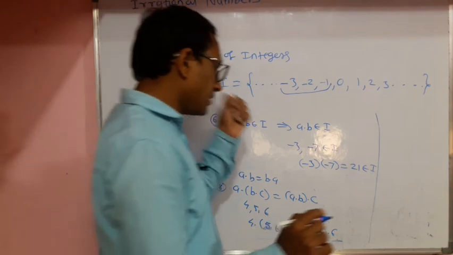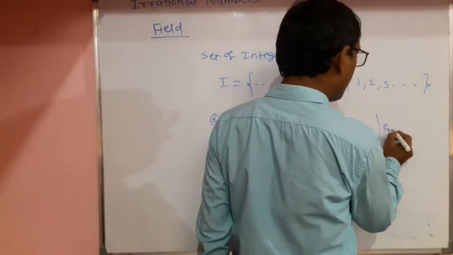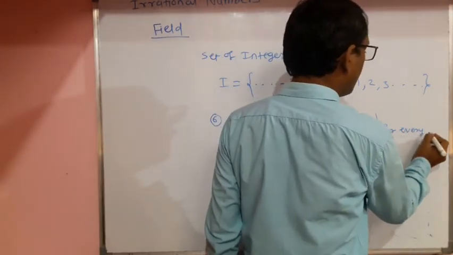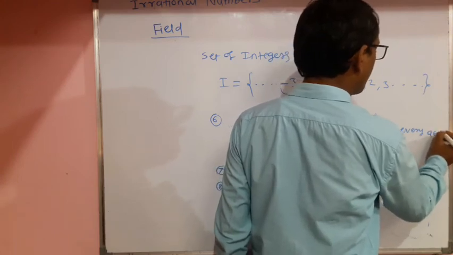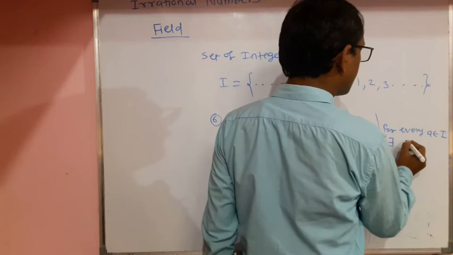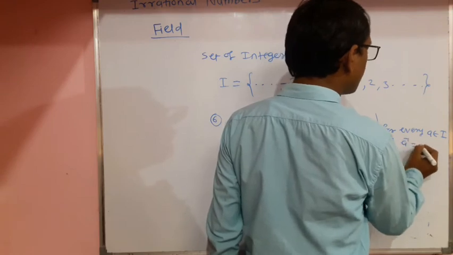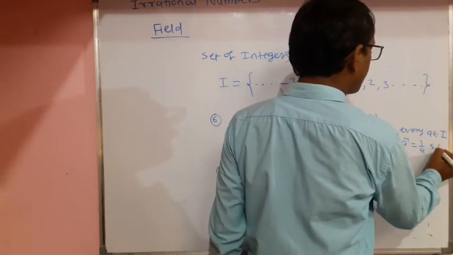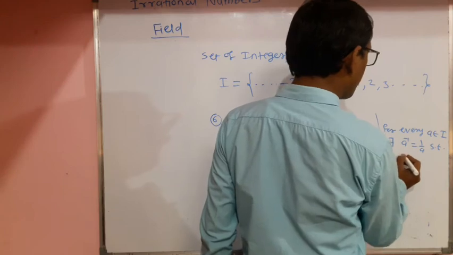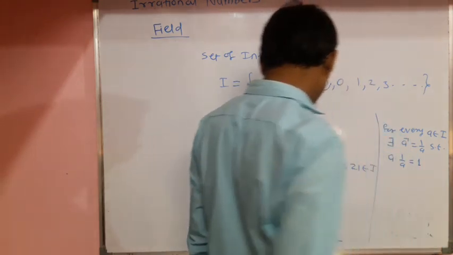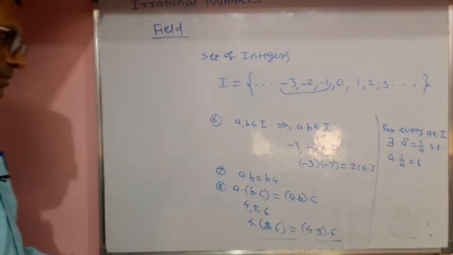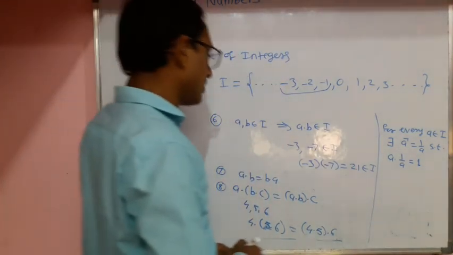I write it in short: for every a belonging to I, there exists an element a inverse, a inverse meaning 1 by a, such that a into 1 by a is equal to the multiplicative identity 1. So this condition is not satisfied.